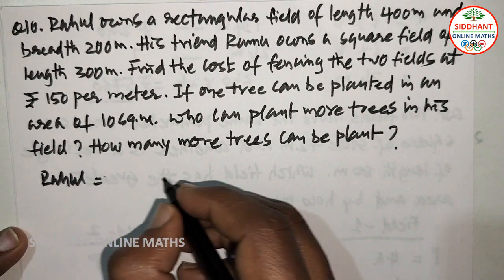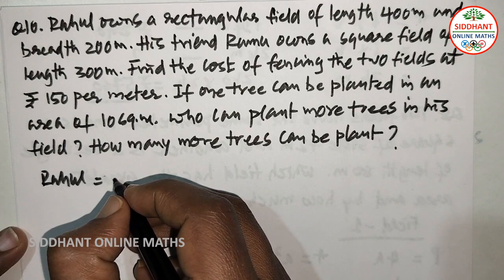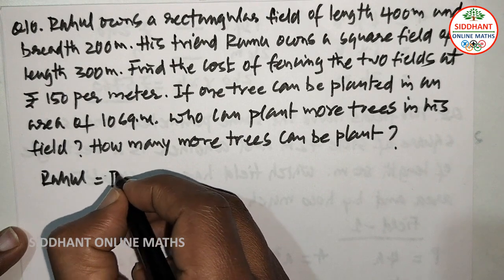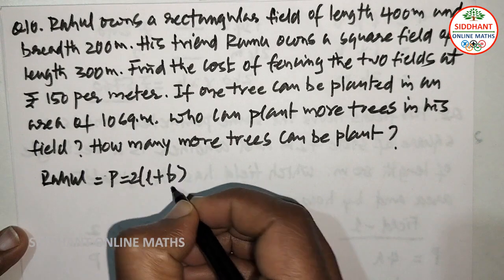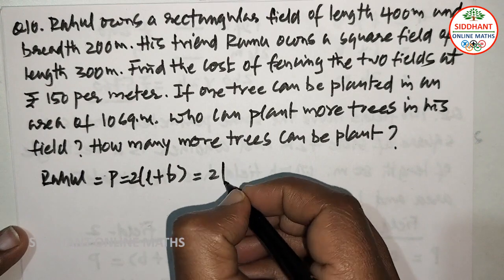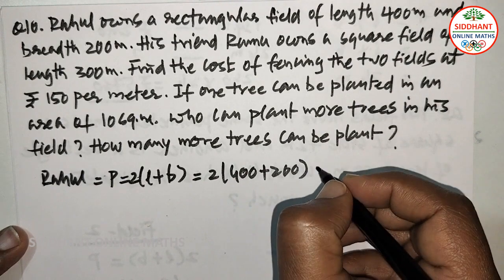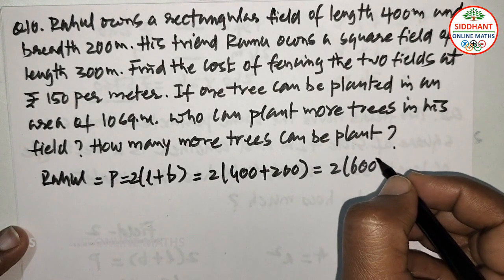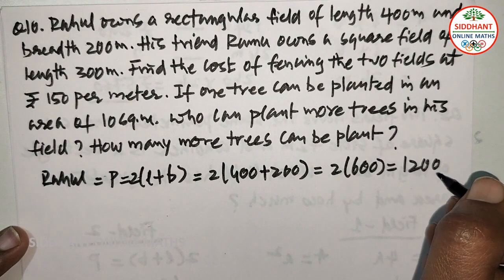So first we are going to find out the perimeter of the two fields. Rahul's field is in the shape of a rectangle, so the perimeter will be 2 into (L plus B). That will be 2 into (400 plus 200), which is equal to 2 into 600, that is 1200 meters is the perimeter.